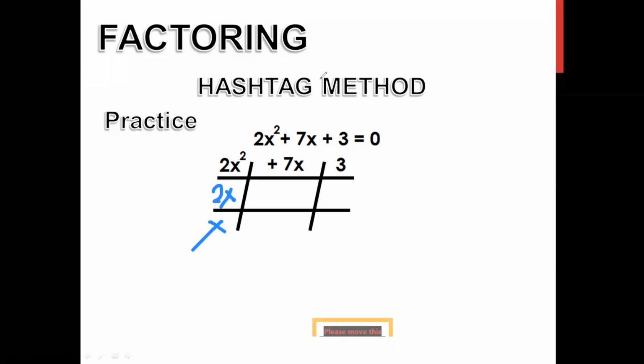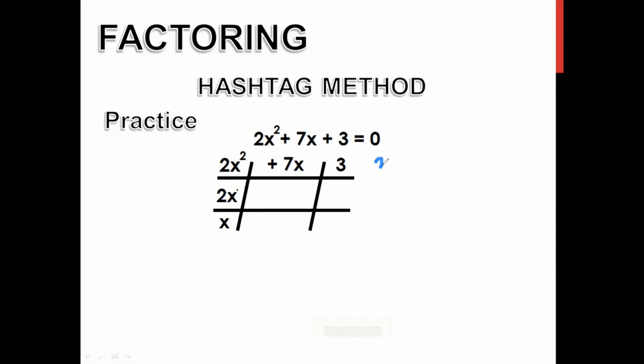It doesn't matter in what place you put the 2x and x, it's just the same. Okay, we have 2x and x. Next, what are the factors of 3? So we have 3 and 1.